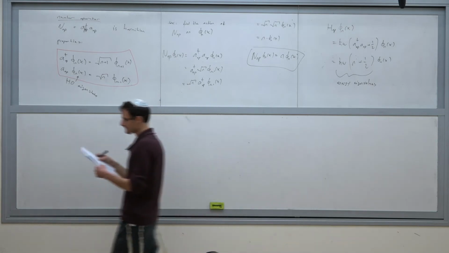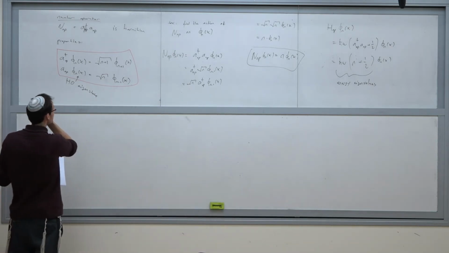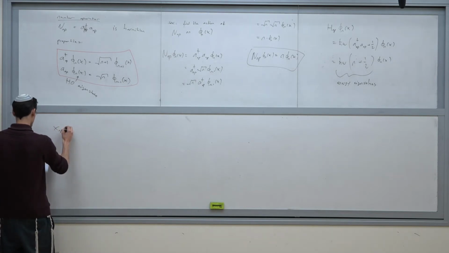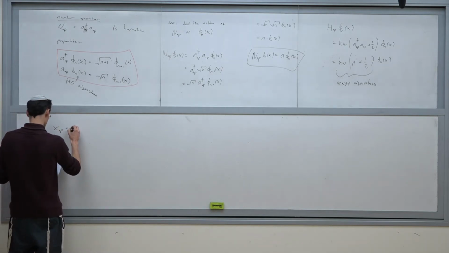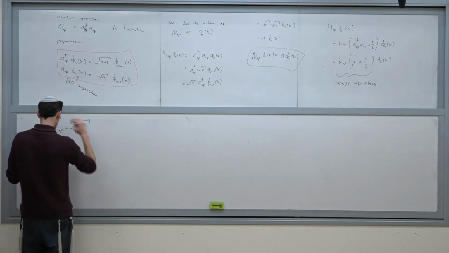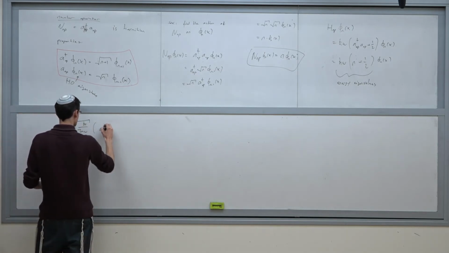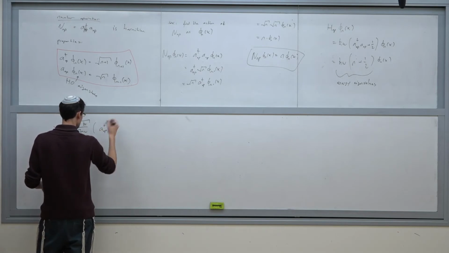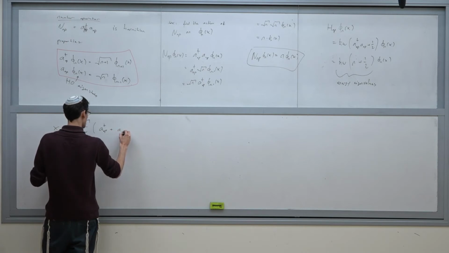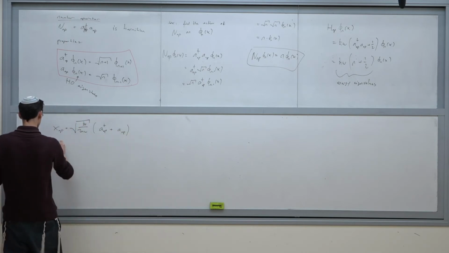One more thing. The way we defined A and A dagger, we can also invert the definition and express the position and momentum operators as the sum or difference of A and A dagger.